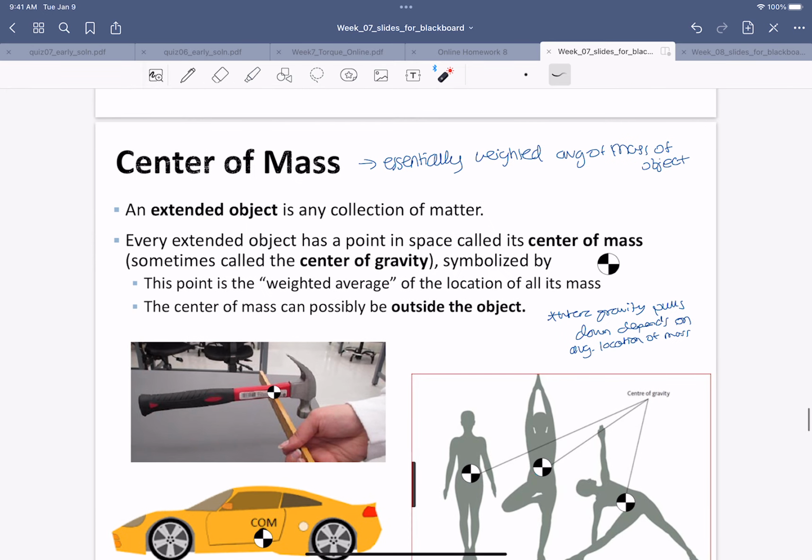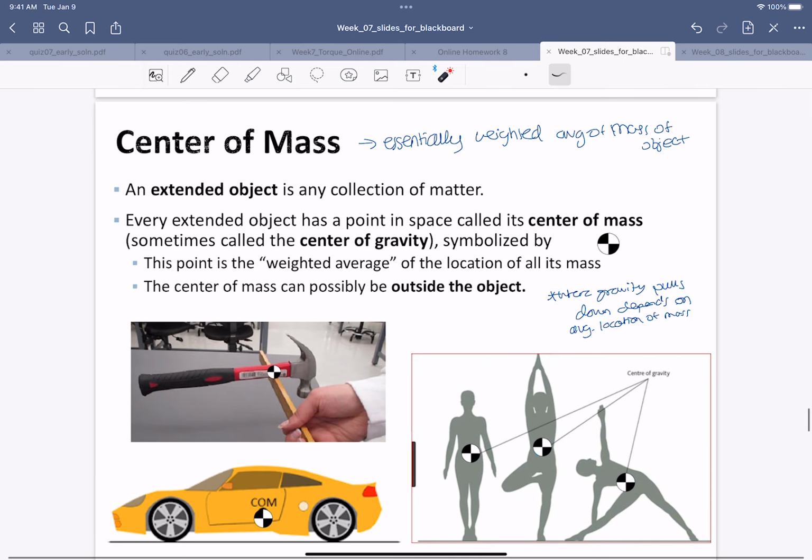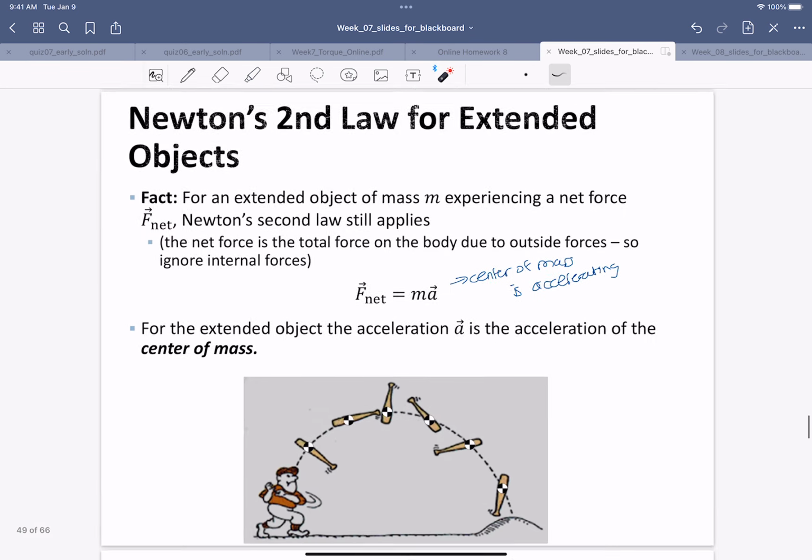Your center of gravity won't necessarily always be in the center if it's not a uniform object. It might be shifted a little bit to the right or to the left. It just depends on the weighted average for the mass of the object.